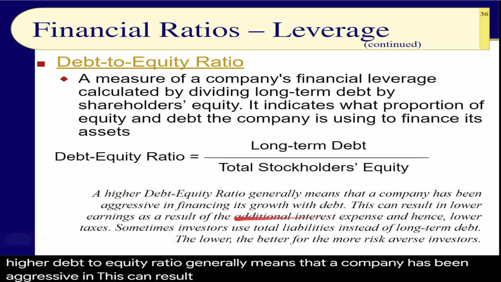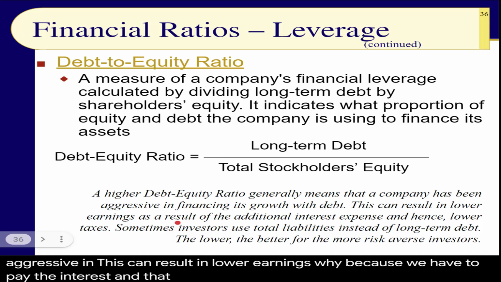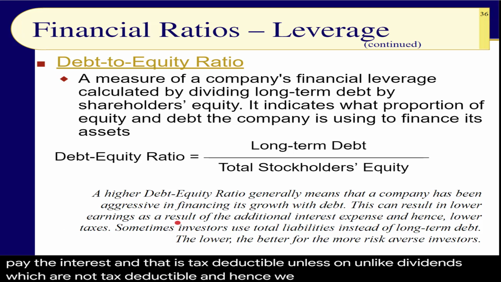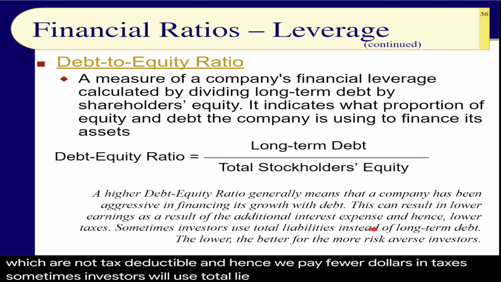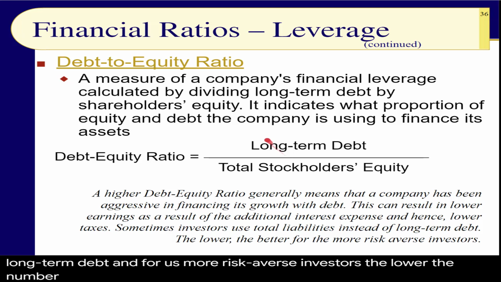This can result in lower earnings. Why? Because we have to pay the interest, and that is tax deductible, unlike dividends, which are not tax deductible, and hence we pay fewer dollars in taxes. Sometimes investors will use total liabilities instead of the long-term debt. And for us more risk-averse investors, the lower the number, the better.